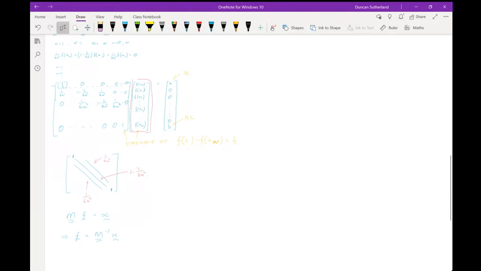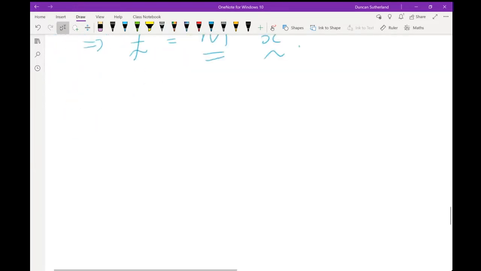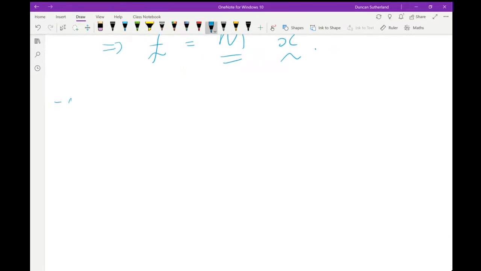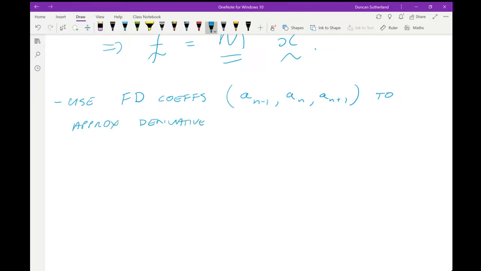So in summary, we extract finite difference coefficients to approximate derivatives. So these coefficients, these are our a n minus 1, a n plus 1, for example, to approximate the derivatives.